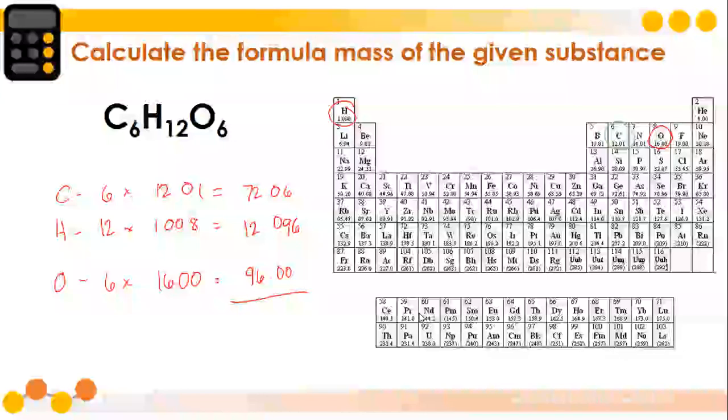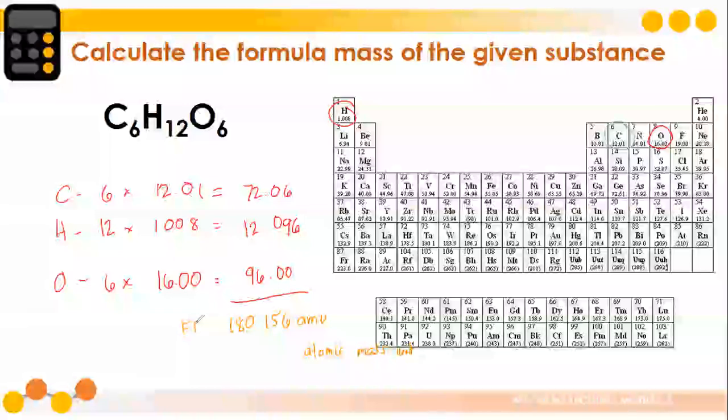So for the final answer, we have here 180.156 AMU. AMU means atomic mass unit. This is now our final answer.